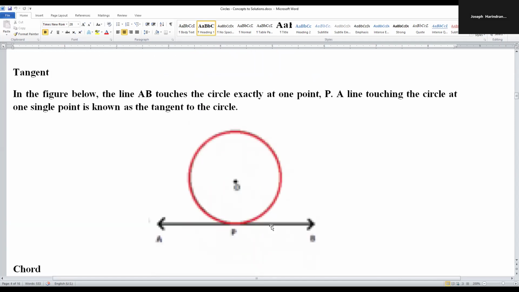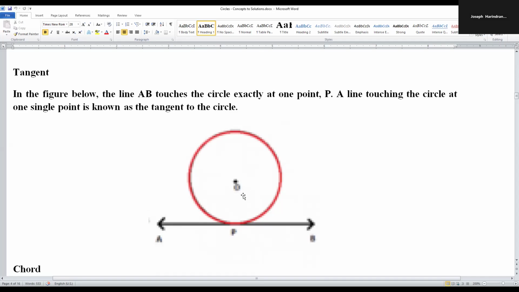Next, we see the tangent. In this figure below, we represent a tangent which touches the circle at one and only one point. It just touches the circle at one point P. AB is a line which touches the circle at P, and that point P is called the point of contact, and O is the center of the circle.